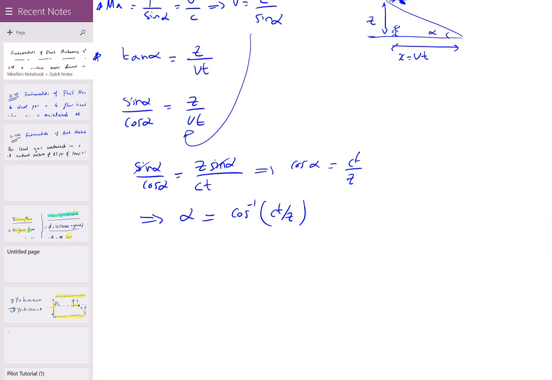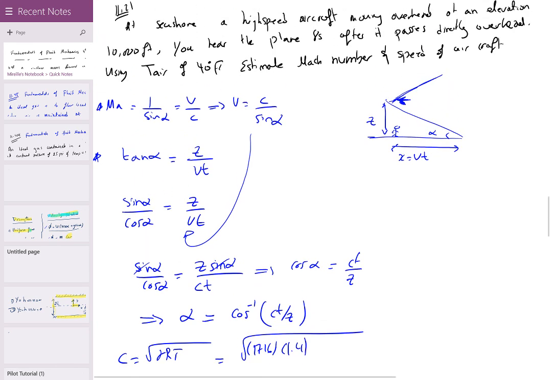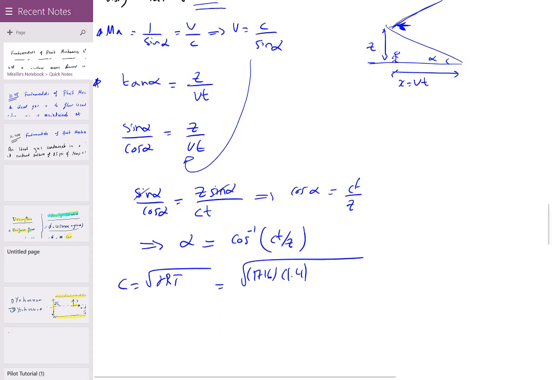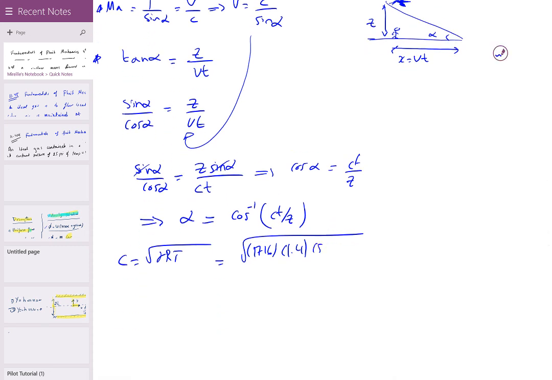Now we need to find C. As usual, it's square root of gamma RT. R will always be given, 1716, and my gamma is 1.4, and my temperature is 40 plus 460, so it's going to be 500. So that gives me 1096 feet per second.